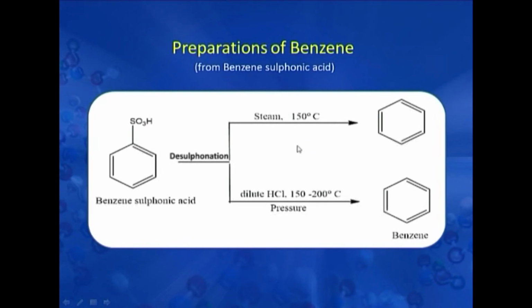Similarly, by heating at about 200 degrees centigrade with dilute hot HCl, we can convert benzene sulfonic acid into benzene. So, here the benzene sulfonic acid undergoes desulfonation when it is treated with hot dilute HCl at about 150 to 200 degrees centigrade under pressure.